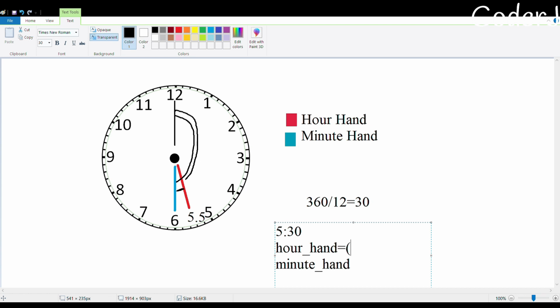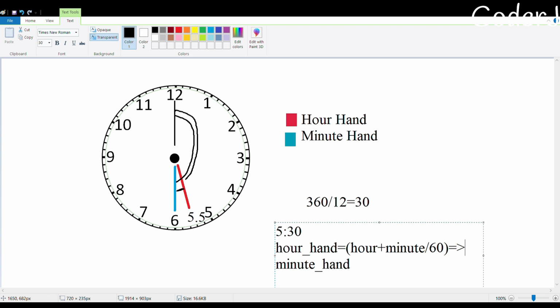What is your current hour? I am at this hour. And what about the minutes? How much effect will the minutes have on you? It's simple. Just take your minutes and divide by 60, because minutes divided by 60 will give you hours, and after this you know your hour value.